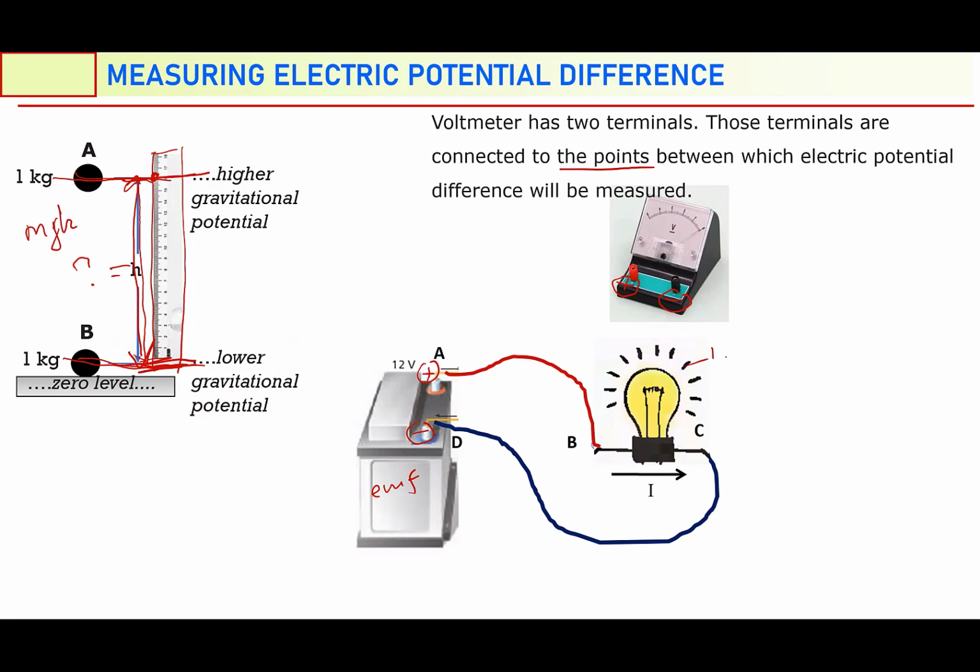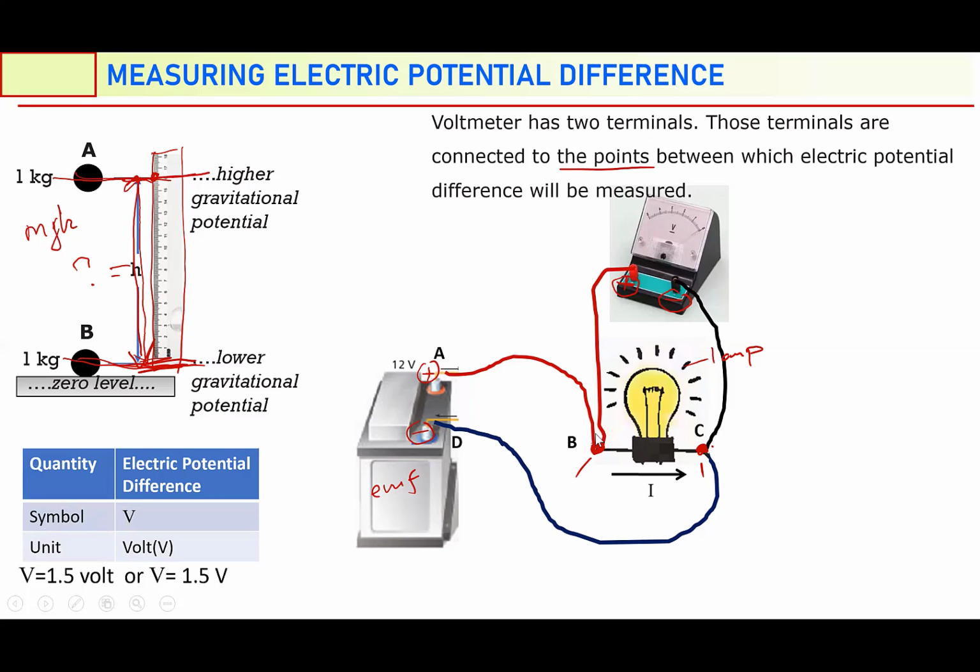So there is a lamp, and I want to measure the potential difference between the terminals of this lamp, between the ends of the lamp, between the points B and C. I have to connect one terminal of the voltmeter to B and the other terminal of the voltmeter to C, just like this. So the positive terminal is connected to B, and the negative terminal is connected to C.